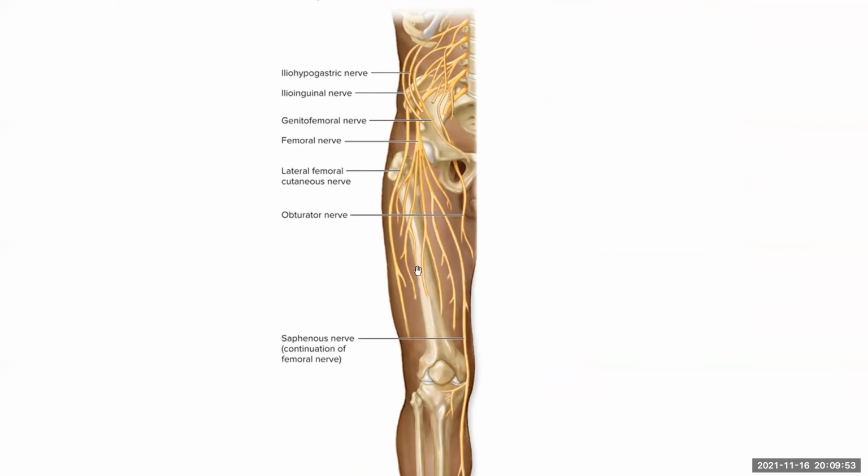So it's going to innervate all these muscles here on the anterior portion. And then our obturator nerve, you see it comes down on the inside of your thigh. It's going to innervate the adductor group, the medial thigh muscles here.